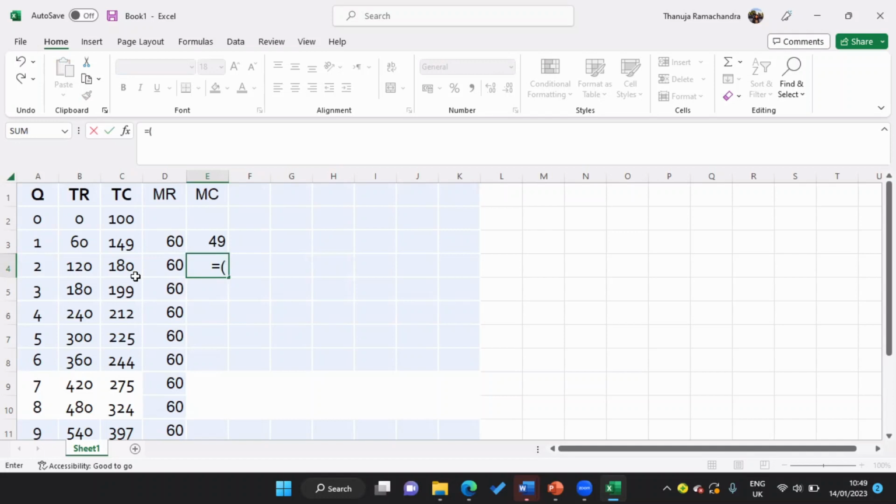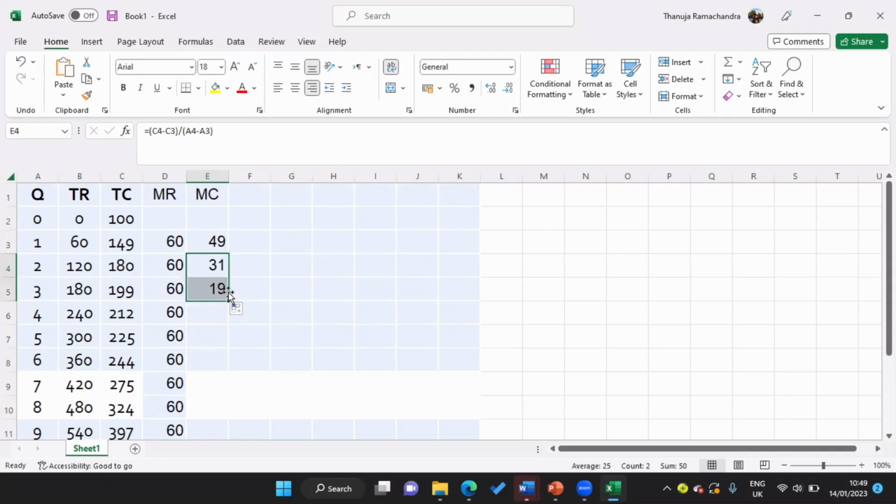That is the marginal cost. 180 minus 149 divided by additional, now 2, earlier 1. Okay, 31, right? What happens to marginal cost? Initially 49, now 31, right? It starts falling, right?